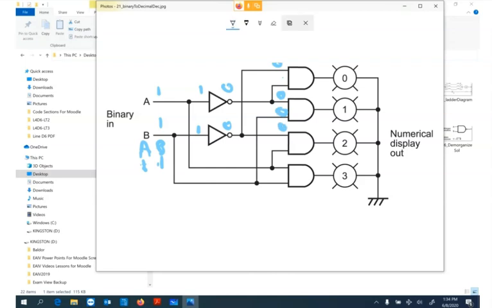Now we do have a 1 here on this one, but we need 2 1s on an AND to make it turn on. In this case, we have a 1 here and a 1 here. Our light number 3 will come on. So in this case, B was the least significant digit. If you think counting in binary, you can do all the combinations. And it's good practice to use that just to get all your combinations.